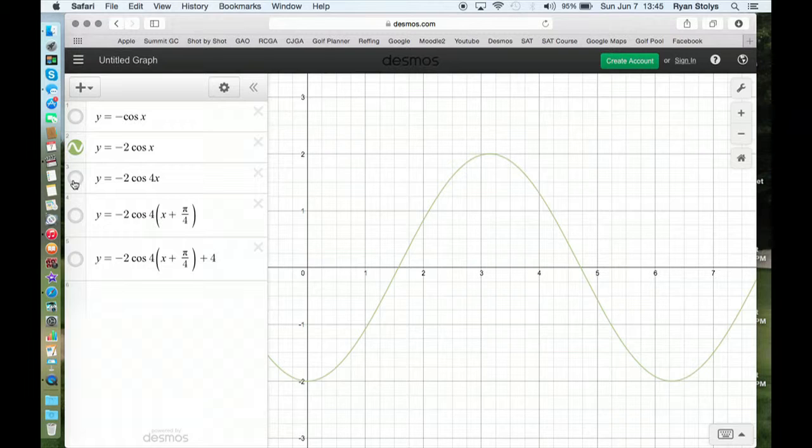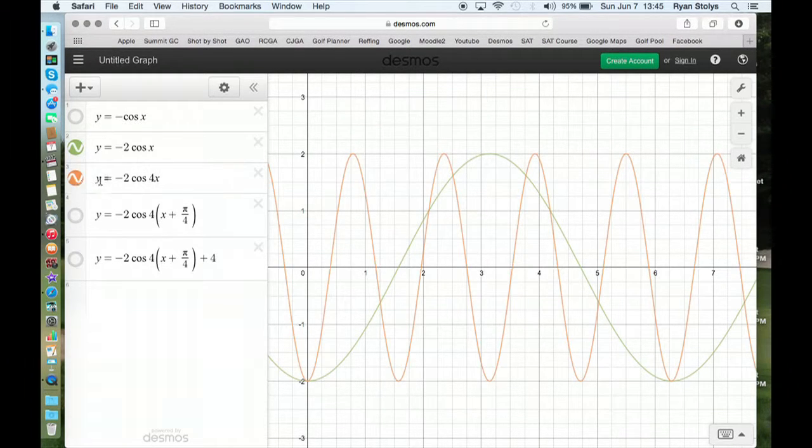Following that, we added our period, and so as you can see, it gets compressed extremely. So by a factor of 4, the graph is compressed very much. So you can see that a full cycle occurs in pi over 2 radians, which is also 90 degrees. And you can also see how many cycles you get in the 2 pi domain.